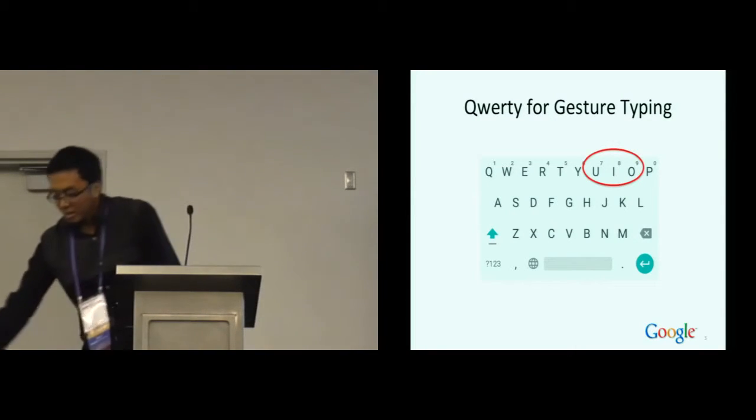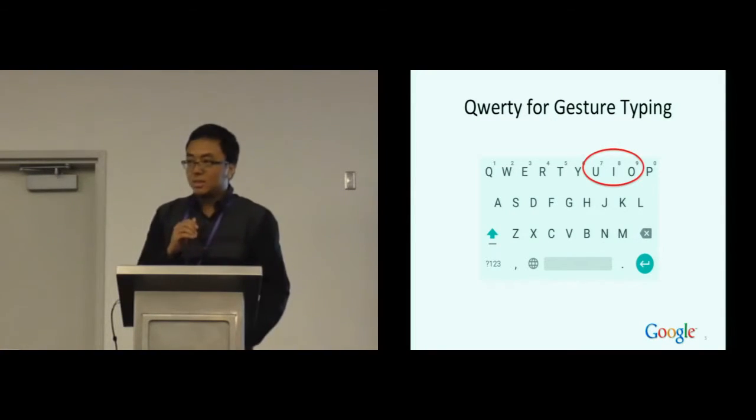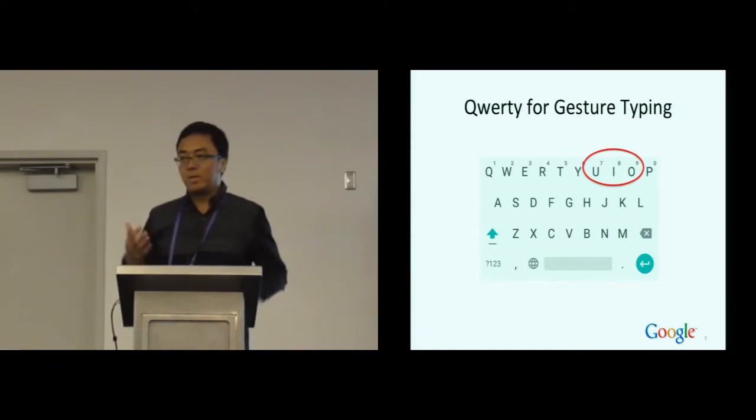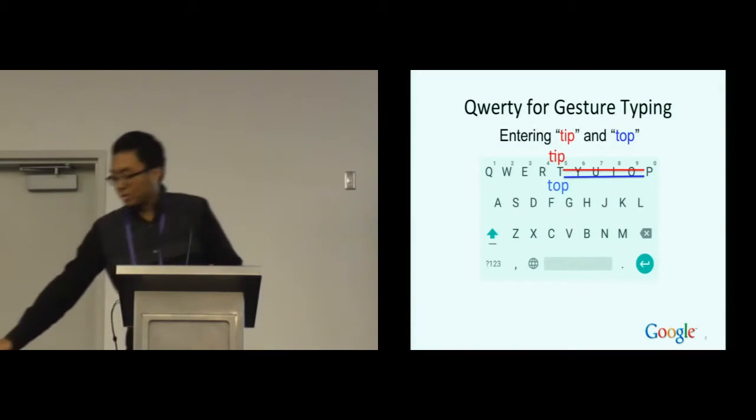Yes, as you can see here, one reason that Qwerty is pretty bad for gesture typing: you look at the top right corner of the layout, the three vowels, U, I, O, they are placed together. It's a problem for gesture typing because in gesture typing, you inevitably cross all the letters. Here I show you some examples.